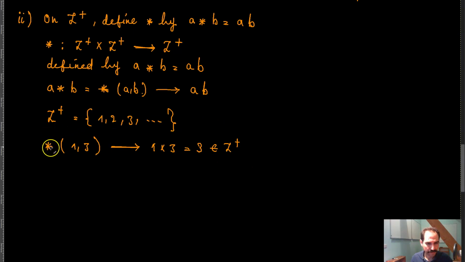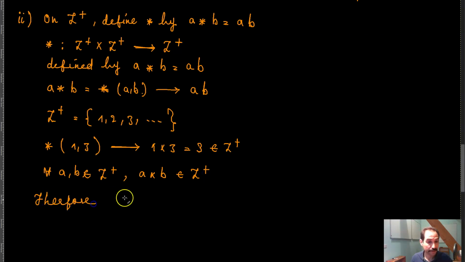And so you can say that for every A and B belonging to the set Z plus, A times B belongs to the set Z plus, and therefore star is a binary operation on Z plus.